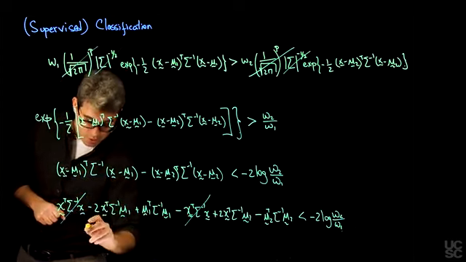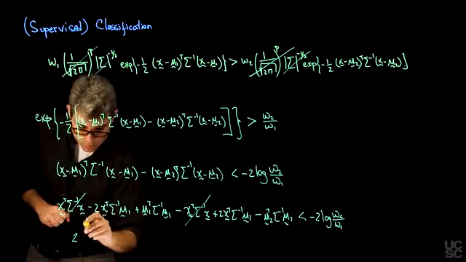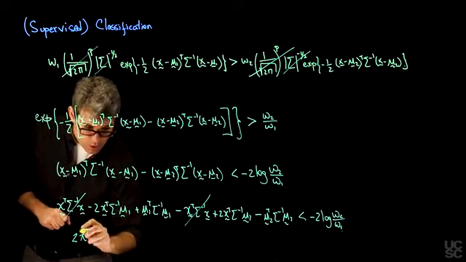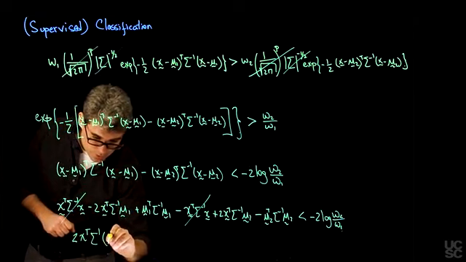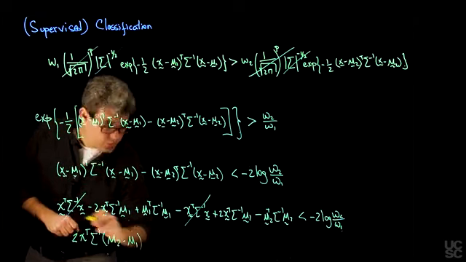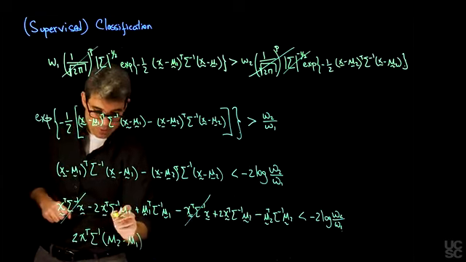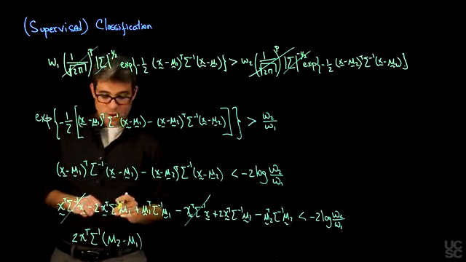So we can write 2 times x transpose sigma inverse multiplied by mu2 minus mu1. So I'm taking this term and combining it with this term. So the term here and the term here.